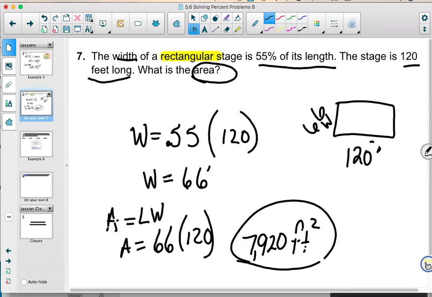Jaslyn, you can also check by doing 7,920 feet divided by 120 or divided by 66 and see if you get the length or the width, to make sure. Okay, you're right, you can do that. If you have a problem similar to this, are you going to be able to do it on your homework now? Yeah.